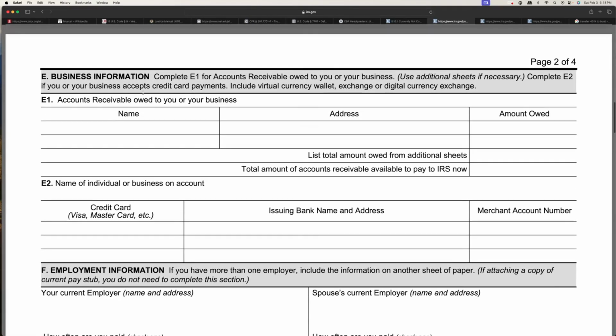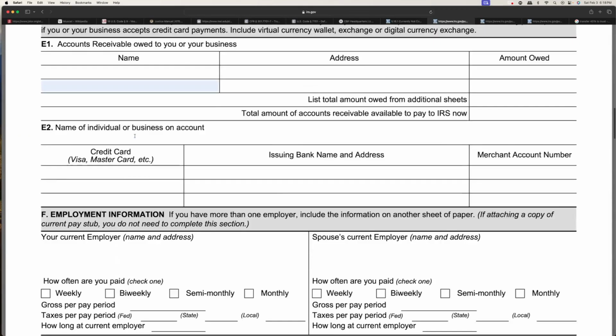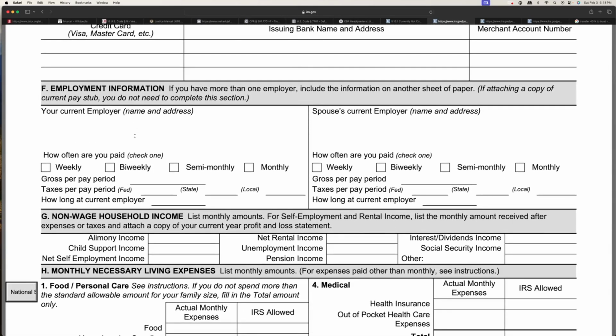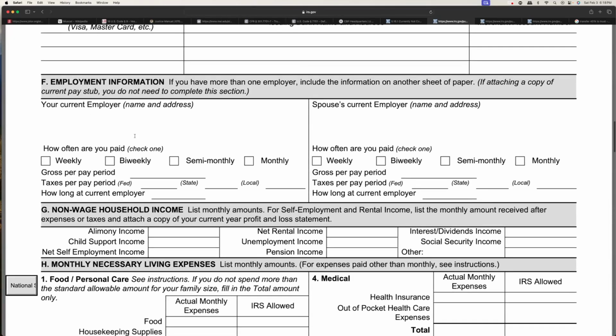Business information. Complete E1 for accounts receivables owed to you or your business. This is not applicable. So obviously you don't have any information to give, but you want to do this every year. And remember, that threshold is 10,000.